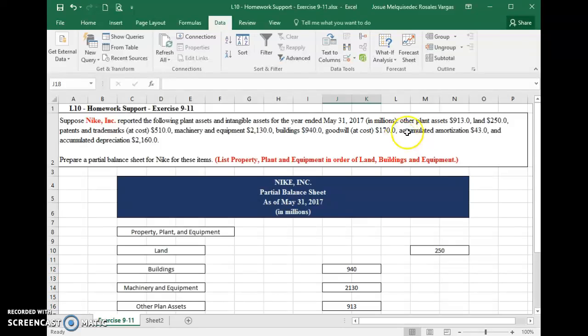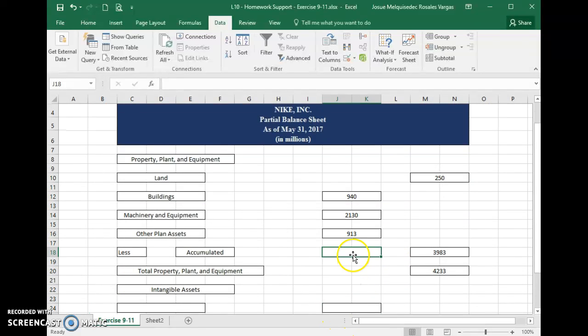The accumulated depreciation is $2,160,000,000. And now we have total property, plant, and equipment over here. This is pretty simple. There's nothing to worry about. You only have to know the order, which is mandatory, and put the information correctly.